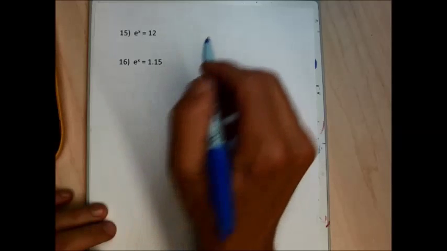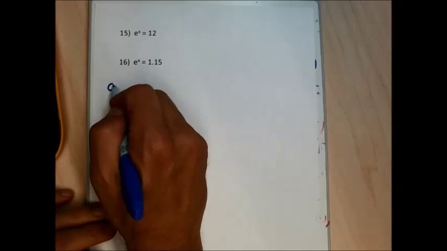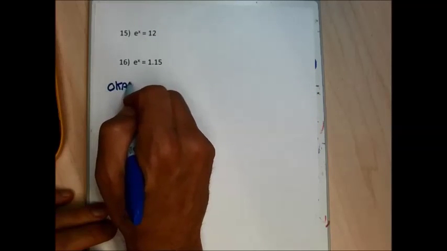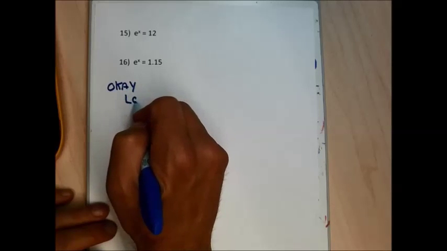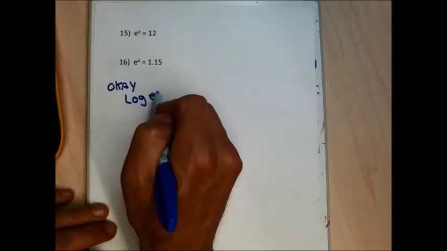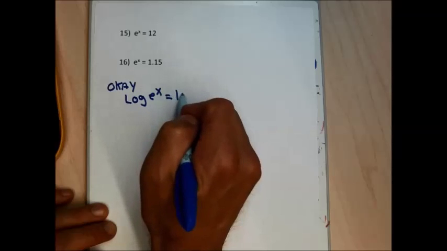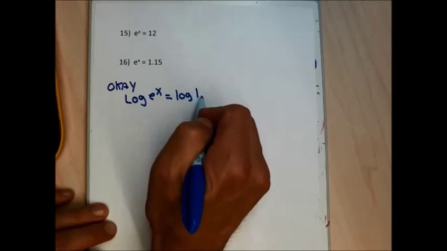When we go to do problem 16, because the base on the left side is e, we can certainly take the log of both sides. So on 16, it would be okay to do the log of e to the x equals the log of 1.15.